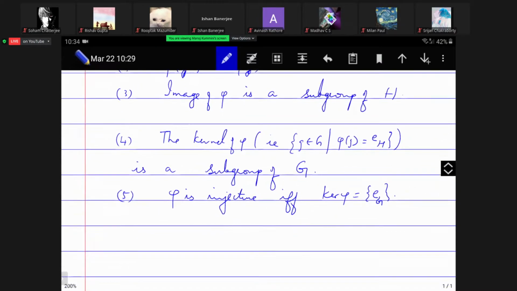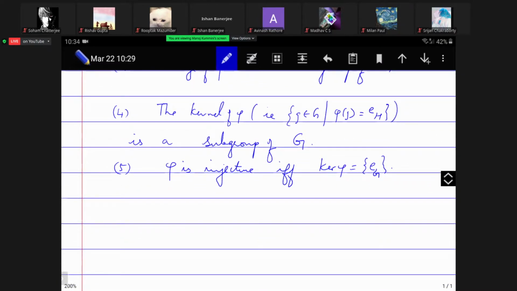So now we want to see a few more properties about homomorphisms. Then I will discuss just a little bit about symmetric groups today, permutation groups. And then beginning with the next lecture, we will discuss an important notion called groups acting on sets, or otherwise sometimes called group actions.